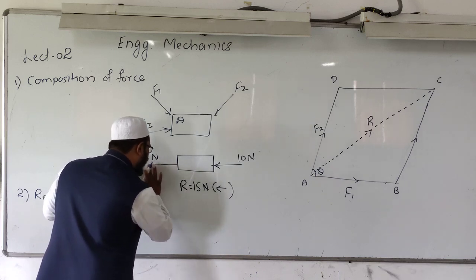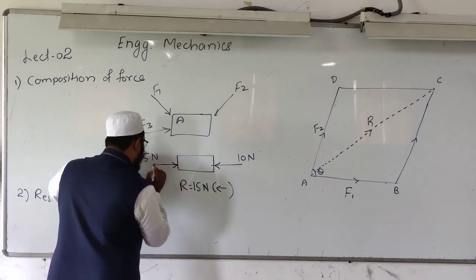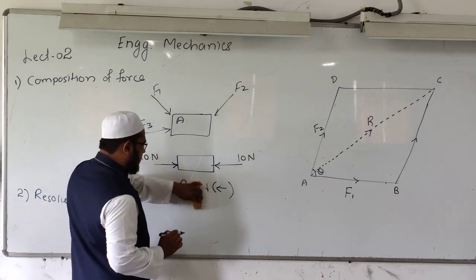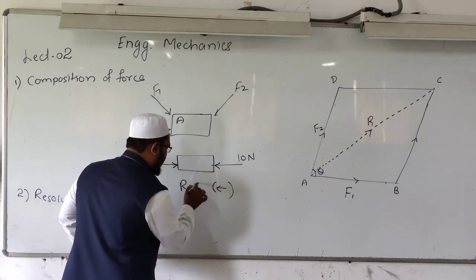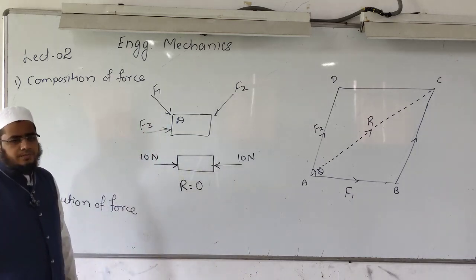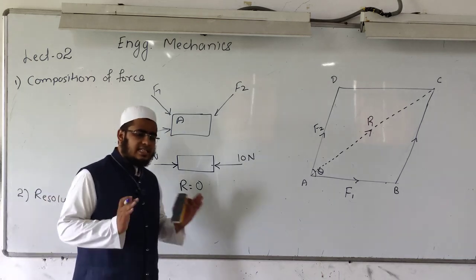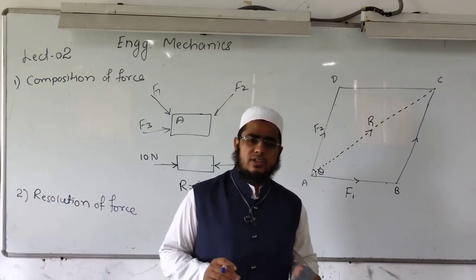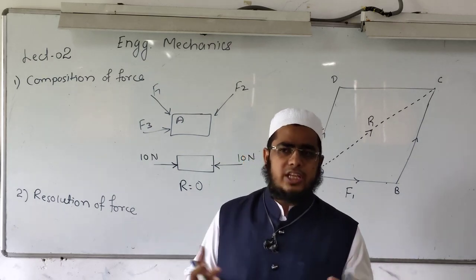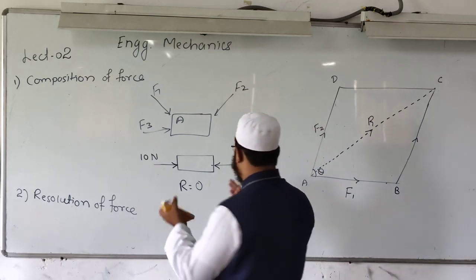Assume that it is in the opposite direction and the value is 10, then you will say that the resultant of this force system is 0, because both are cancelling each other. It is very easy to add and subtract when two forces are along the same line, collinear forces like this.